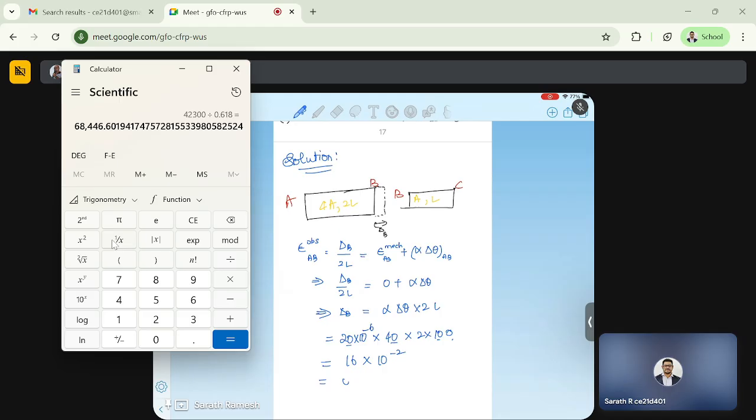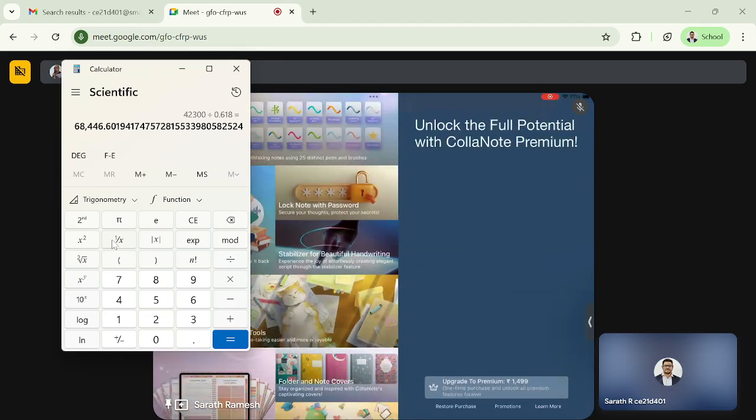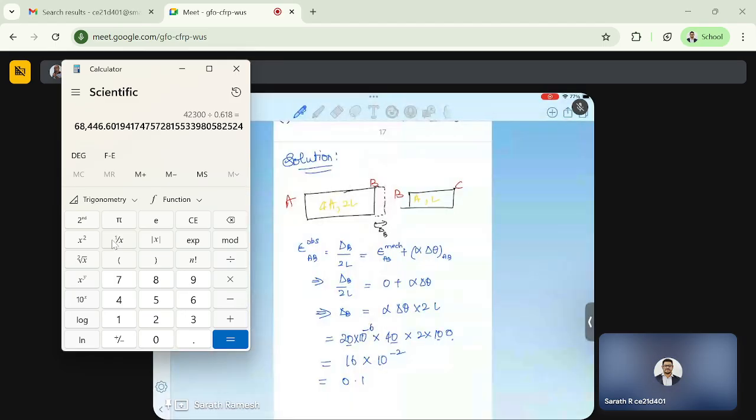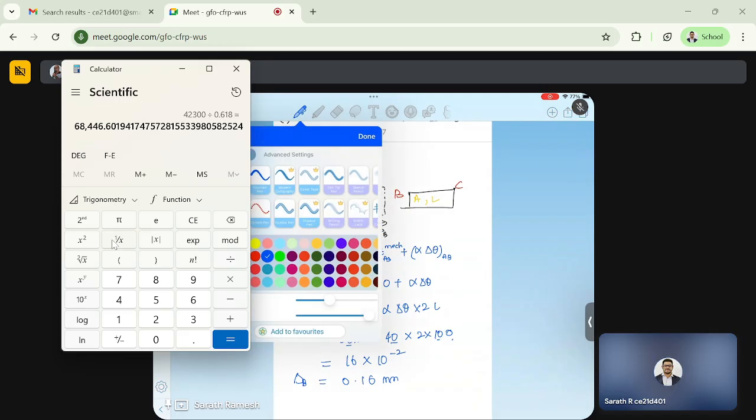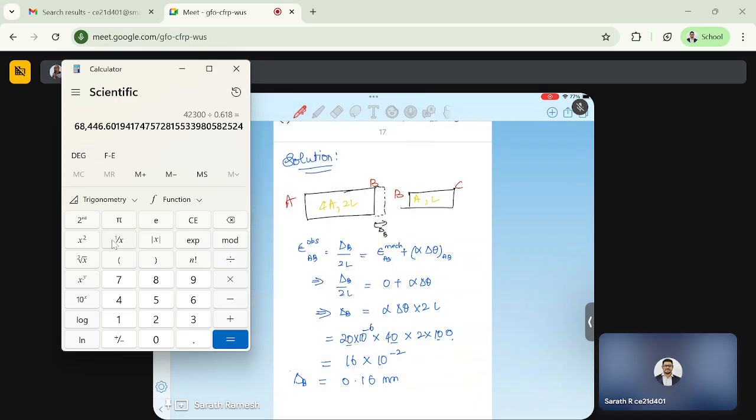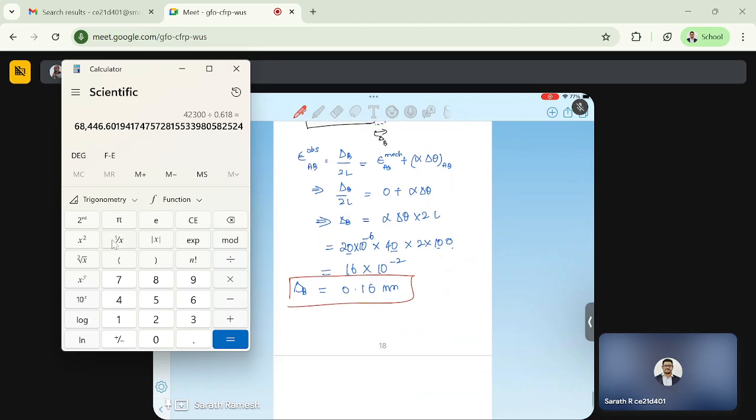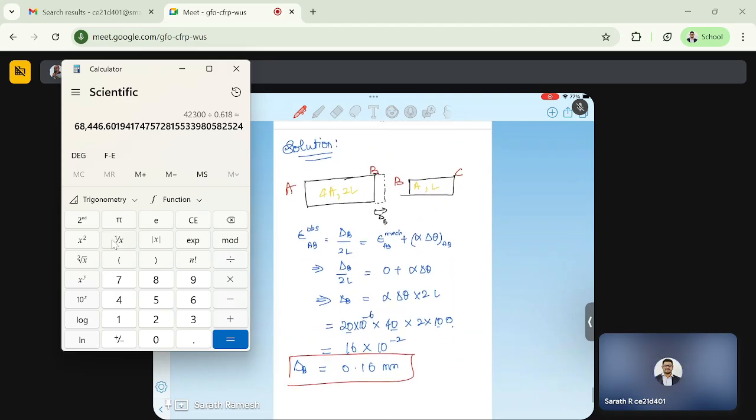So 0.16 mm. This is delta B. Fine, right.